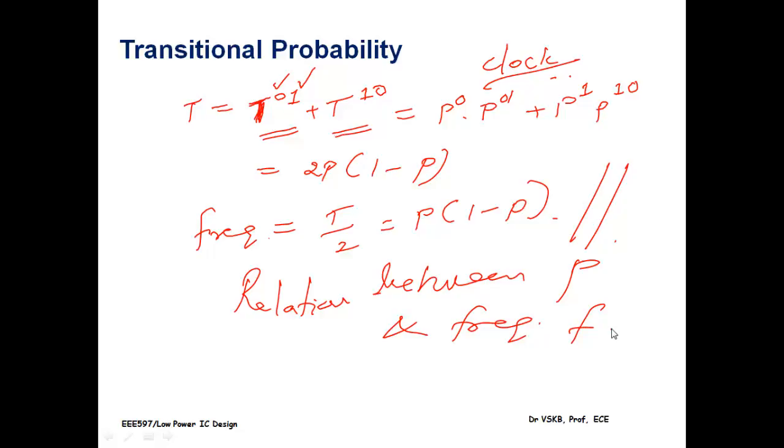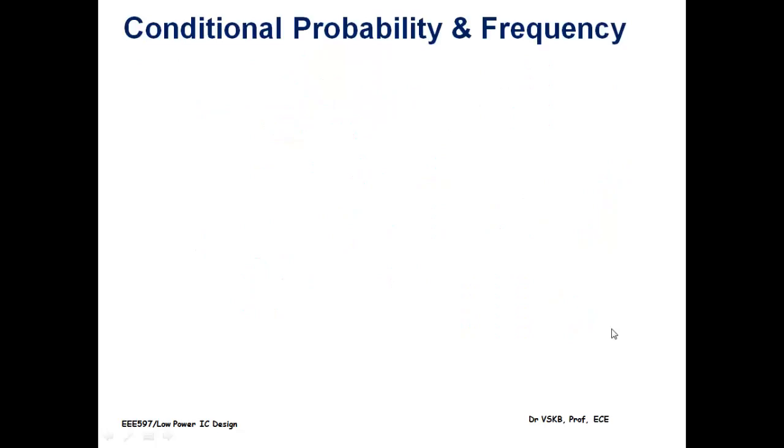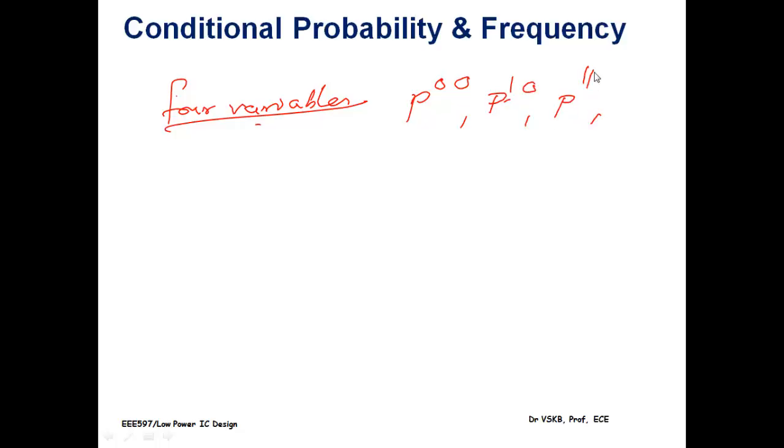To elaborate this further, we will take the 4 variables that we would consider. What are they going to be? P of 0 to 0, that means the previous state being a 0 and the next state being a 0, and P of 1 to 0. And then the next one is P of 1 to 1, that is the current state being 1 and the next state also being 1, and P of 0 to 1. These are the 4 states.